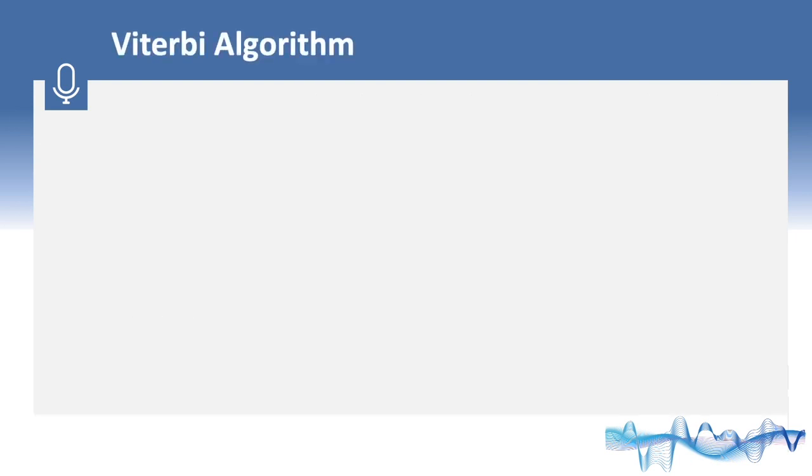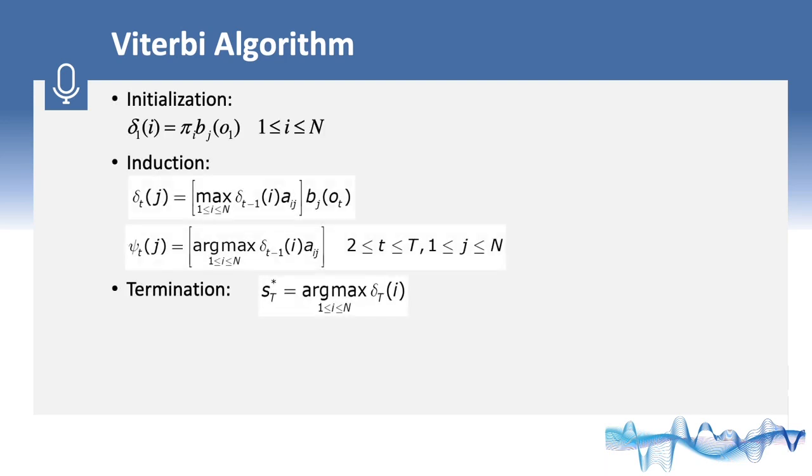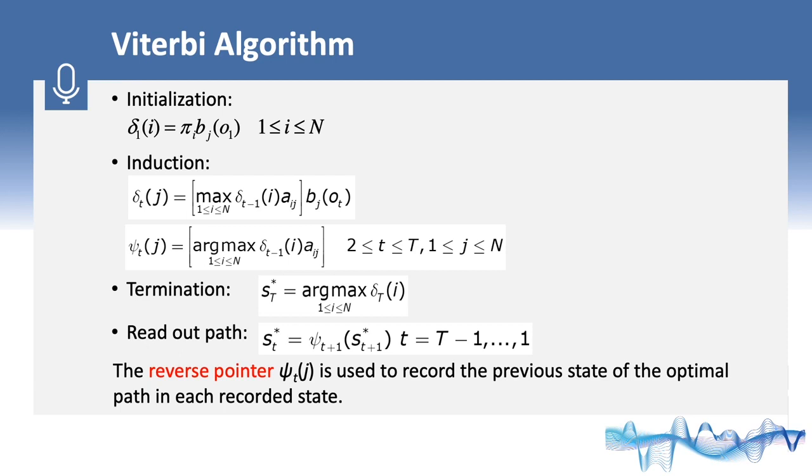There are also 3 steps: initialization, induction, termination, to keep track of the argument which maximizes delta_t(j). Finally, we read out the path to get the hidden state sequence. The reverse pointer phi_t(j) is used to record the previous state of the optimal path in each recorded state.